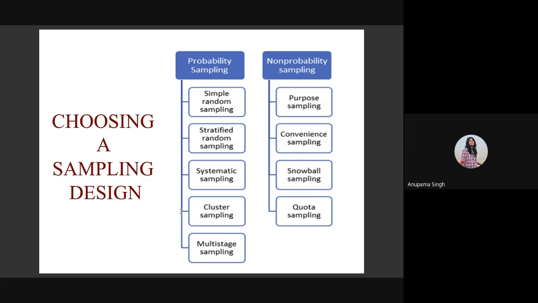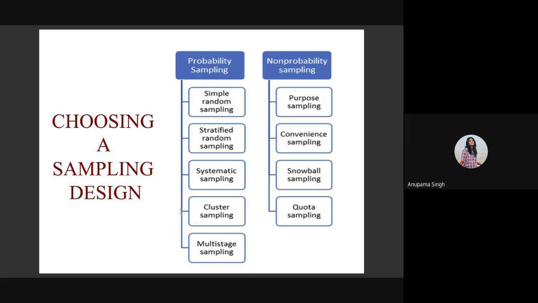And non-probability sampling is something that is again very much used in qualitative analysis. It is very much used, right? So non-probability sampling is the sampling procedure where probability does not play any kind of role in the selection of the sample.